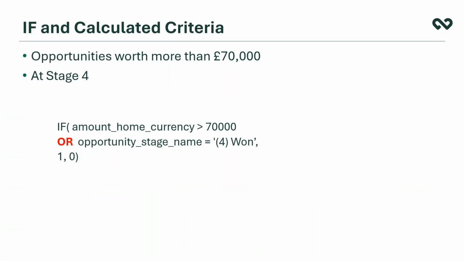So to recap, the if function is a conditional function that allows you to check if something is met and return you a value if it's true or a different value if it's false. If statements can be used singularly, or you can nest multiple ones together.